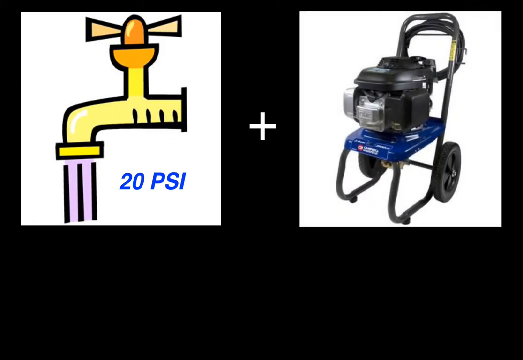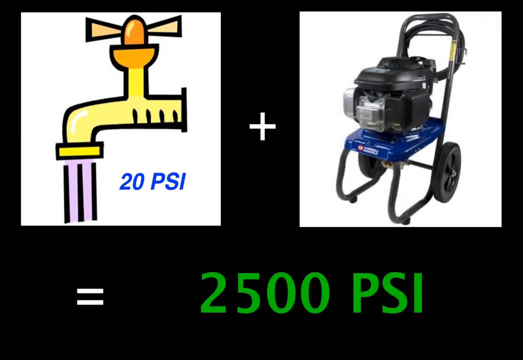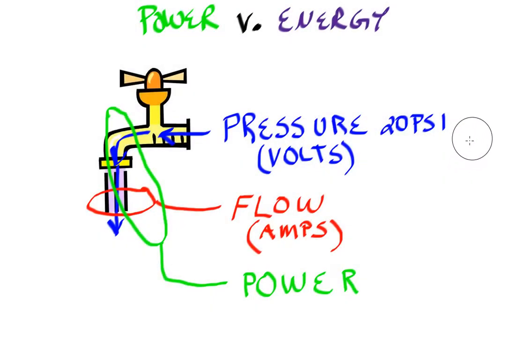Think about it. If we wanted to use a pressure washer to get the grime off our car, we could take the 20 psi water supply from the faucet on our house, hook it up to a pressure washer, and actually get 2,500 pounds per square inch of pressure. So let's erase the 20 psi and change it to electrical pressure.